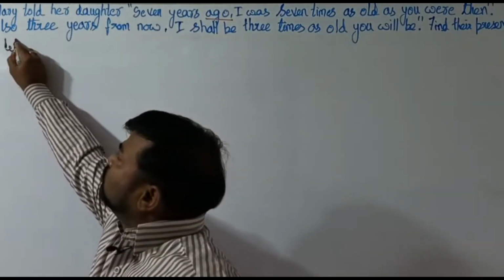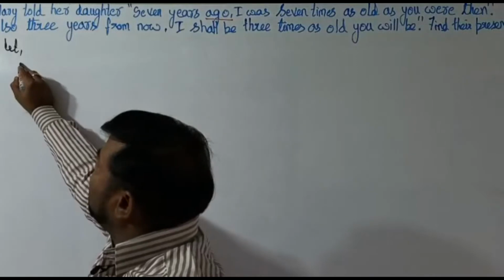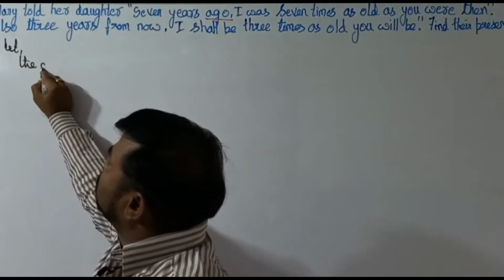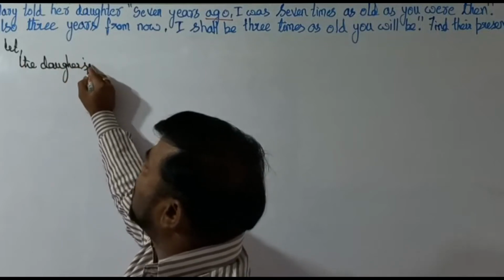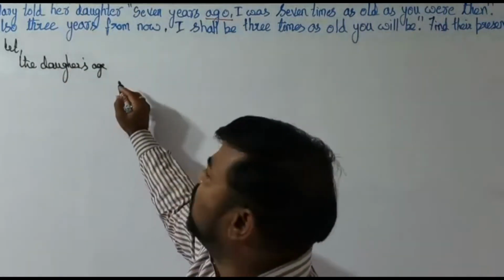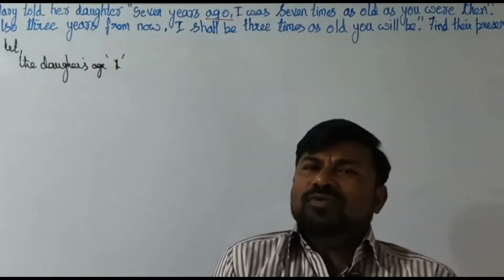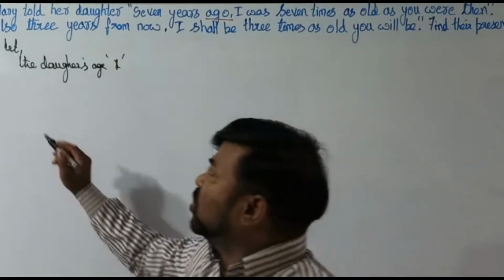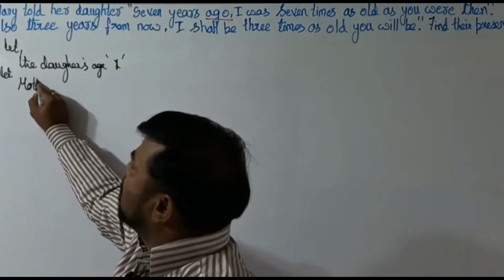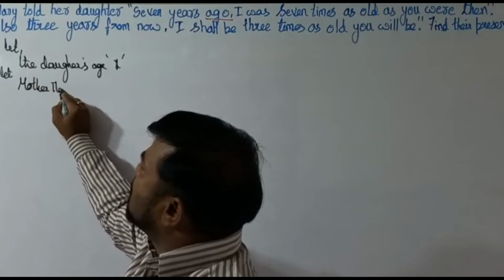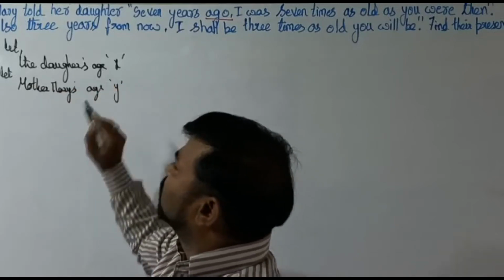Let the daughter's age be X. Let Mother Mary's age be Y.